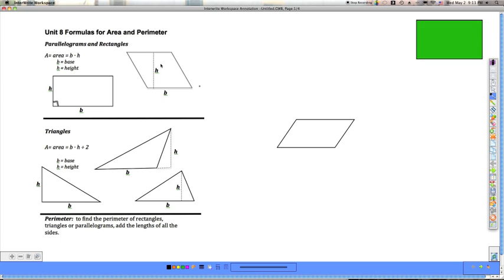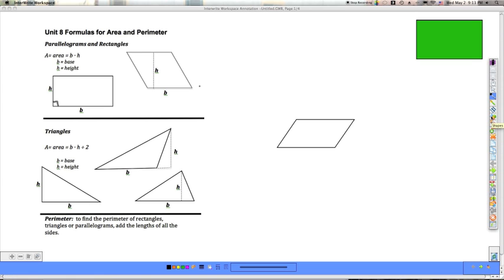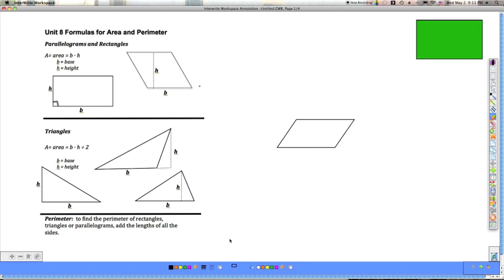For parallelograms, we looked at that and we realized that a parallelogram is related to a rectangle. This rectangle has the same base and the same height as that parallelogram.